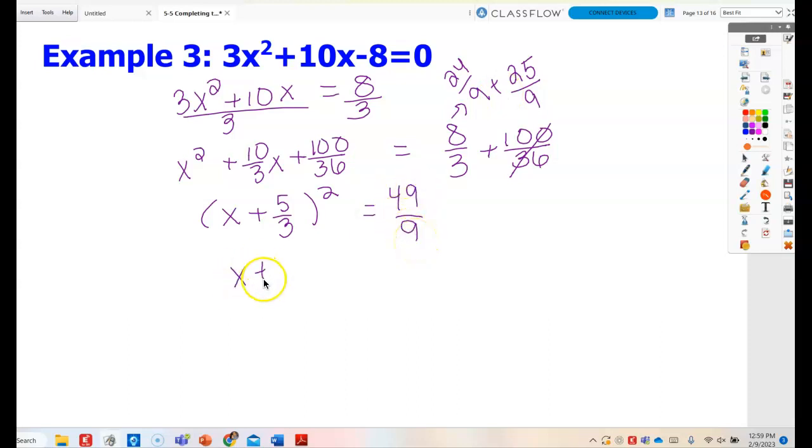So I get x plus 5 thirds equals plus or minus 7 thirds. Therefore, x equals 7 thirds minus 5 thirds, which is 2 thirds, and x equals negative 7/3 minus 5/3, which is negative 12/3, but negative 12 divided by 3 is negative 4.